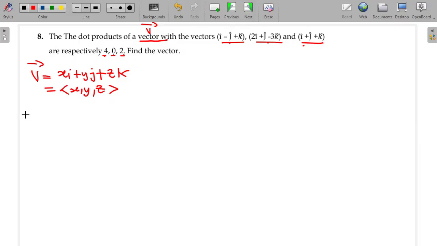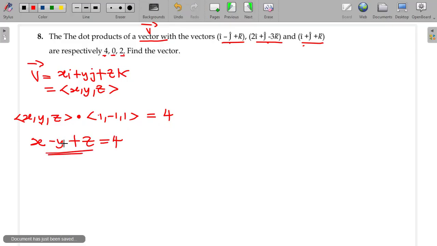So that simply means (x, y, z) dot, when I write this vector in this form, it will be (1, -1, 1). So this dot product is equal to 4. I multiply throughout: x multiplied by that, x; minus y; and z with the 1 to be plus z is equal to 4.